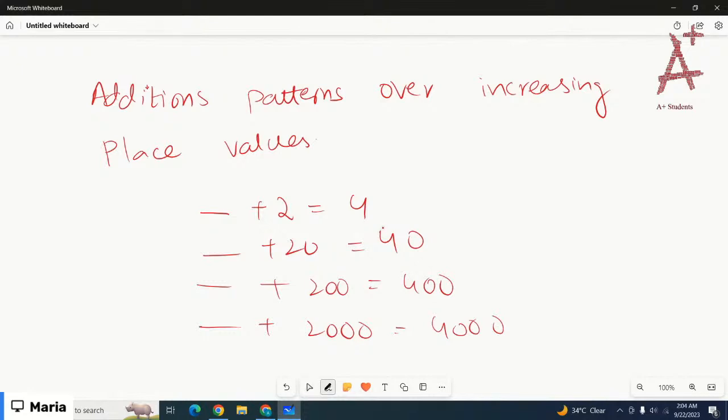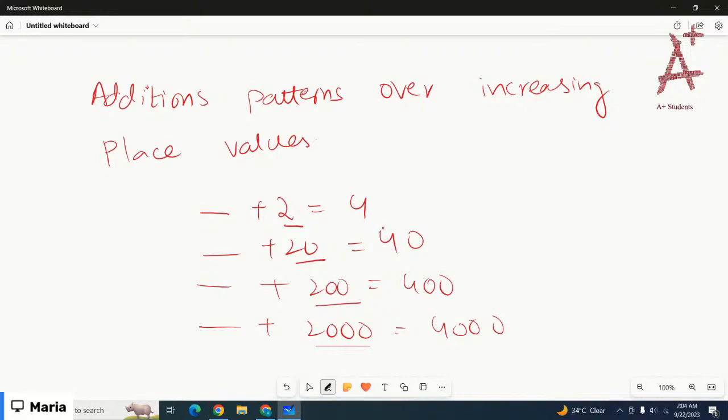Because every time you are adding 2, 20, 200 and 2000, right? So which number are you going to add? 2 plus what number makes 4? 20 plus what number makes 40? 200 plus what number makes 400? And in the same way, 2000 plus what number makes 4000, right?